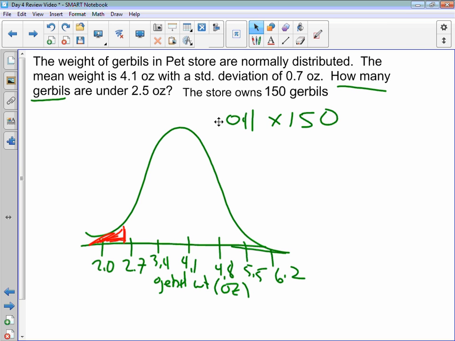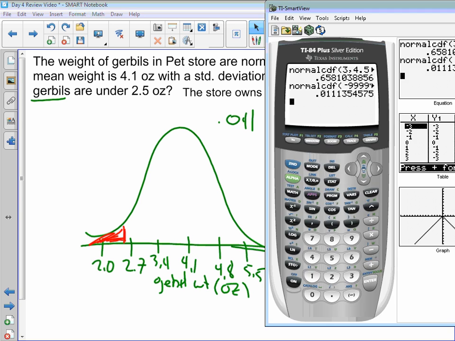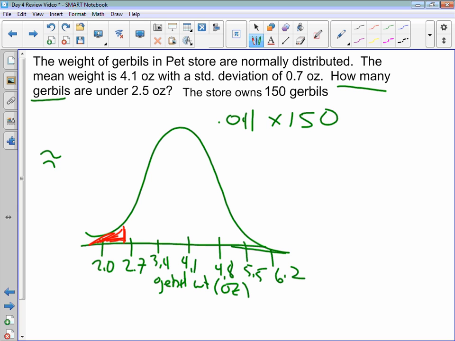We don't have to approximate this. We got the number right here in our calculator. So we just do this and we say, okay, cool. Times 150. We hit enter and we get 1.6. So we'd say approximately 1.6 gerbils.